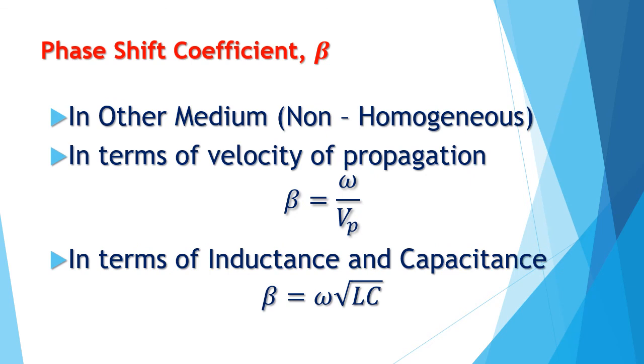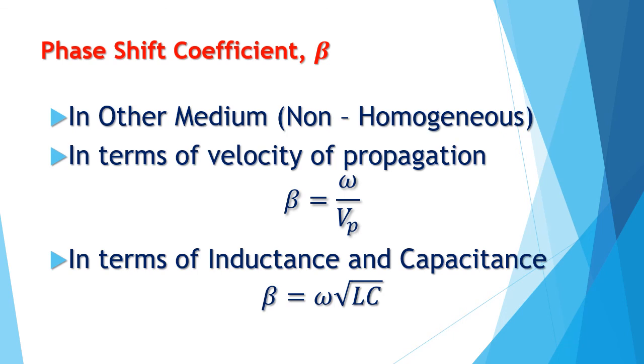However, in other mediums or non-homogeneous mediums, we have this formula instead. In terms of velocity of propagation, beta is equal to omega divided by v sub p, the velocity of propagation. V sub p is lower than c, since a transverse electromagnetic wave traveling in a medium other than free space is, of course, slower than its speed in free space.